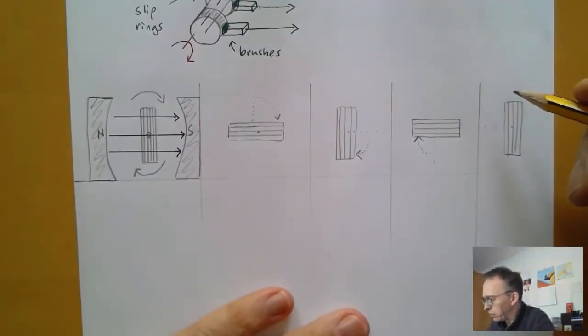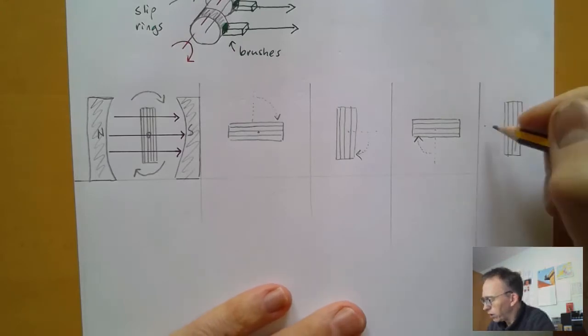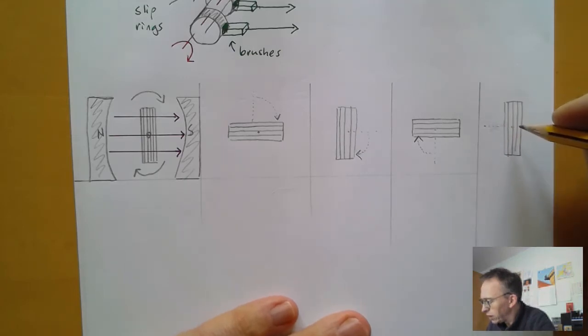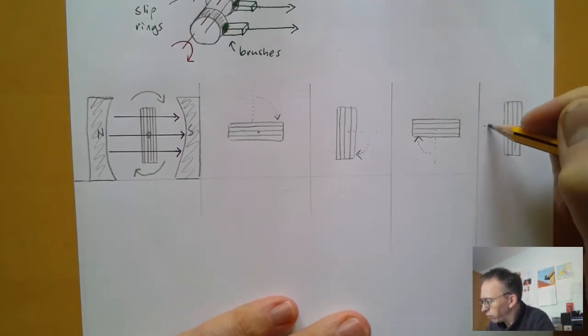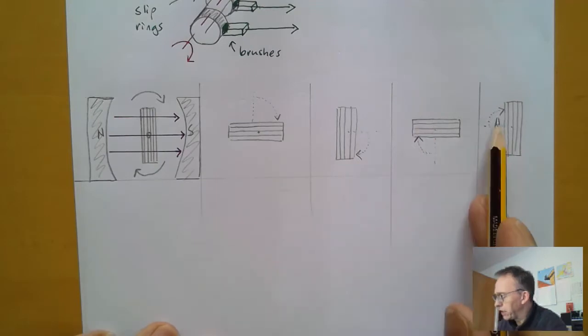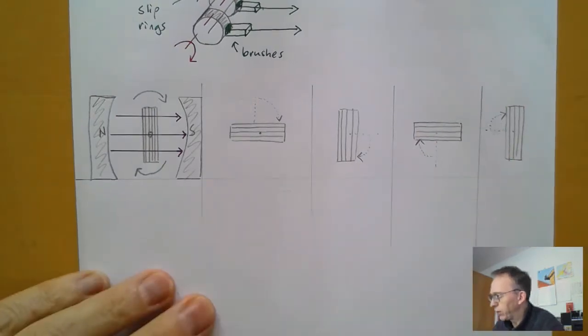How did it get to there? Oh yes. So actually, it's going from here back to here. Okay. So it's moved 90, 90, 90, 90, so that's 360 degrees altogether.